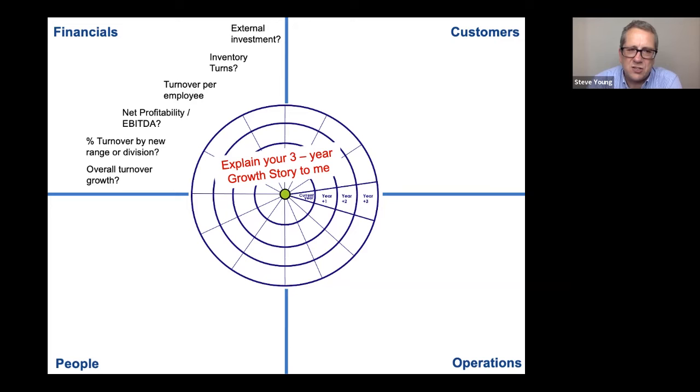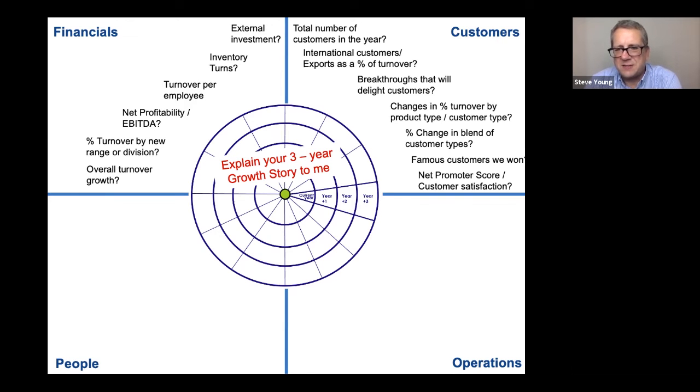What percentage of that overall turnover is going to be from that new thing that you're doing, new technology, or a new product, or a new region. And then you can start to tell a story around how the turnover is going to increase, and the profitability as well. So maybe have a think on that third area. Which one do you want to go for there?